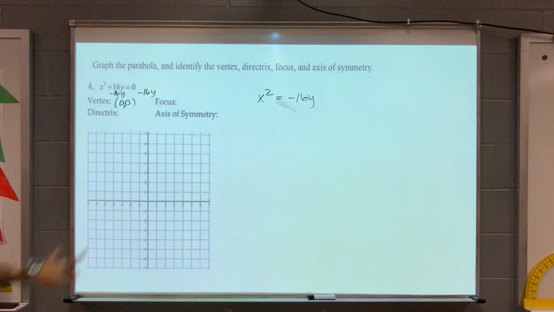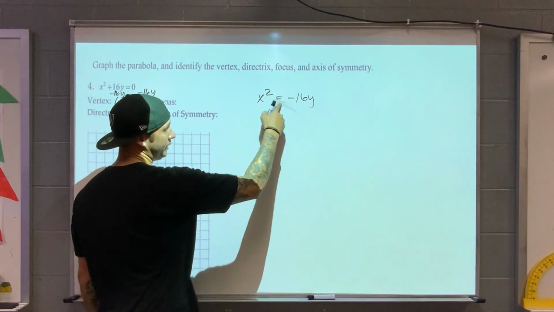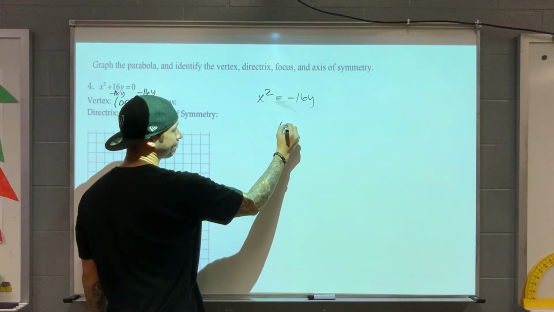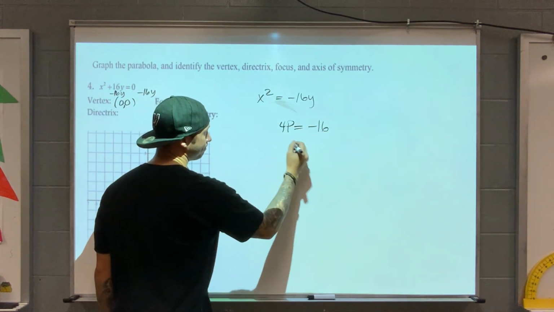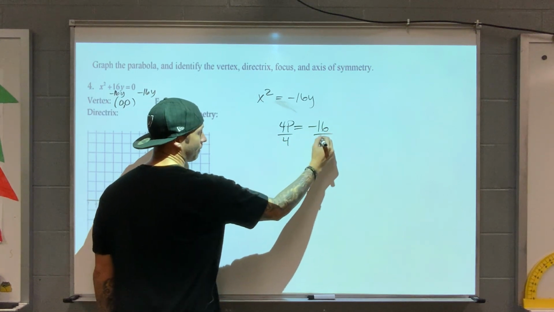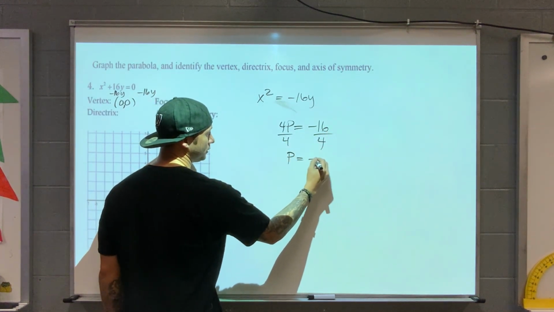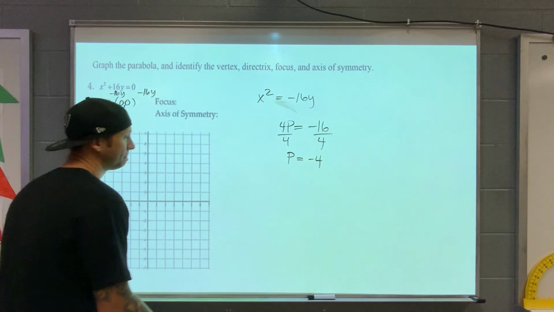The vertex is still (0, 0). That doesn't change, because there are no numbers connected to x and y. Set this value equal to 4p. So p is equal to negative 4.